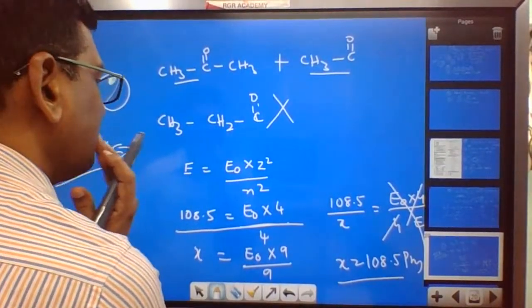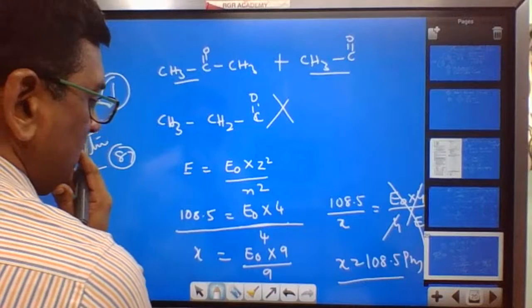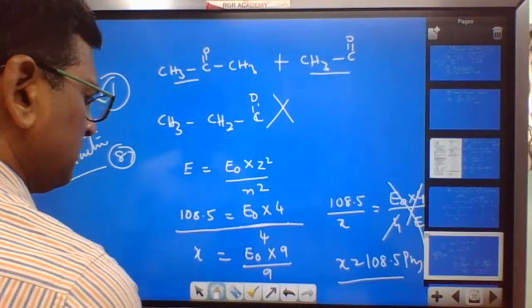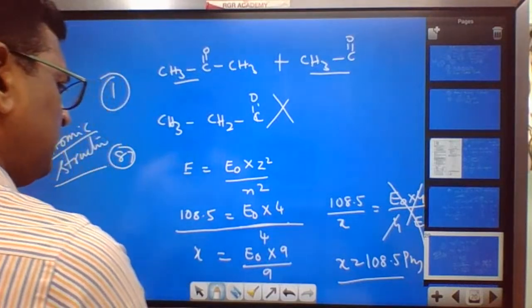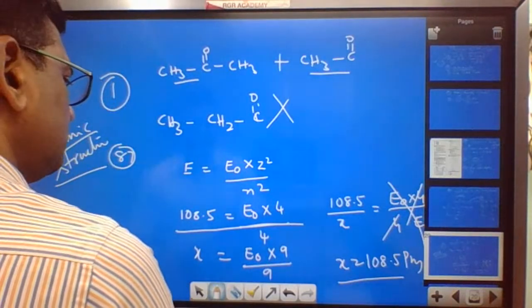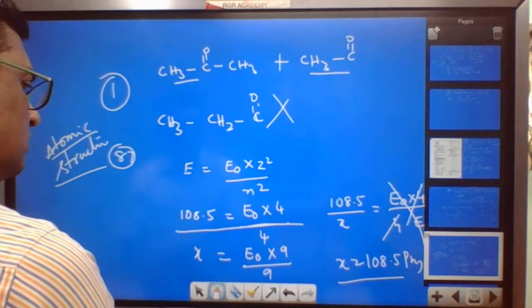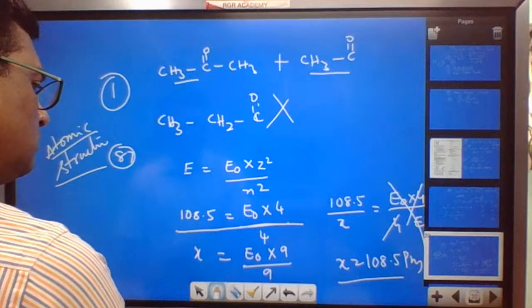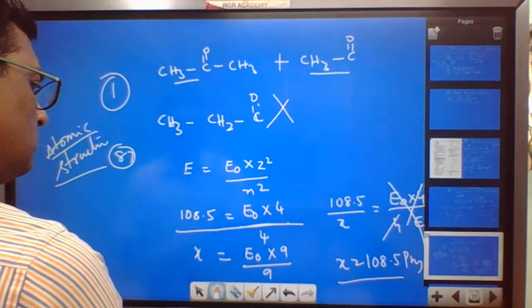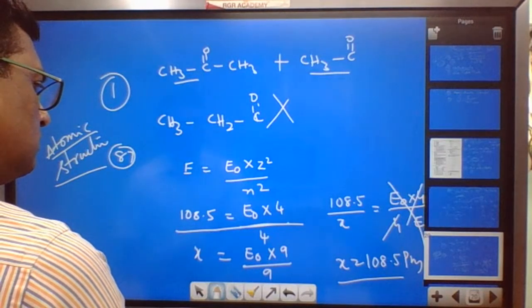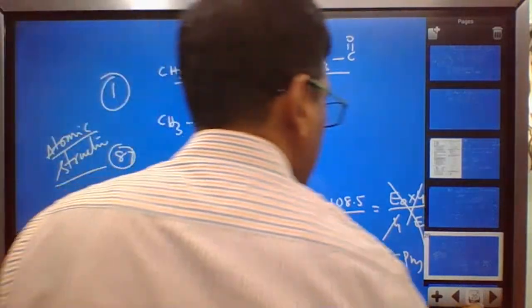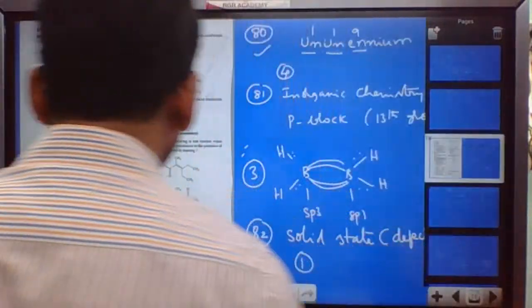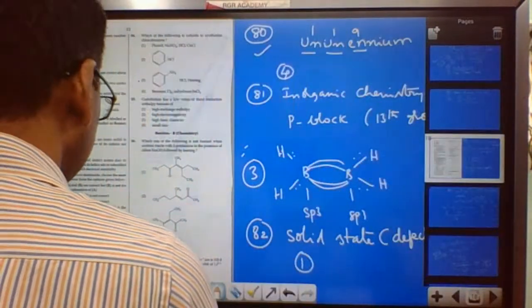Z is helium, square is 4. Second orbit 2 square. Lithium. So we will check it later.